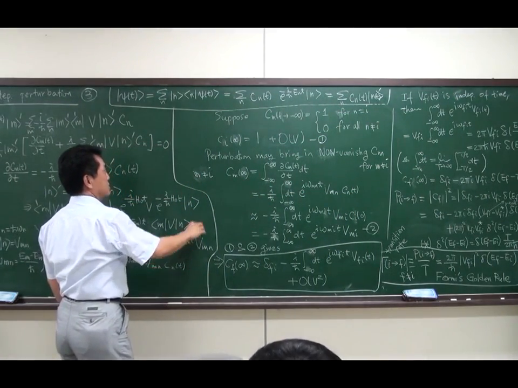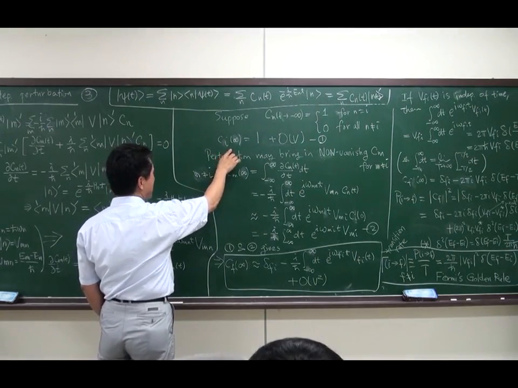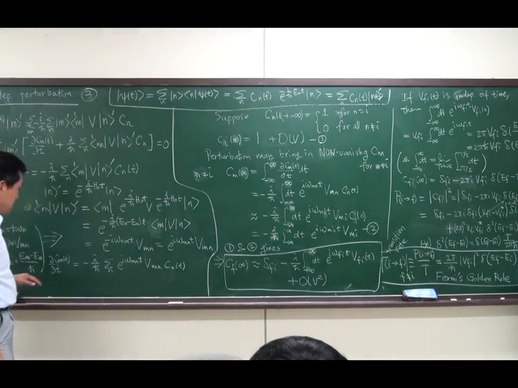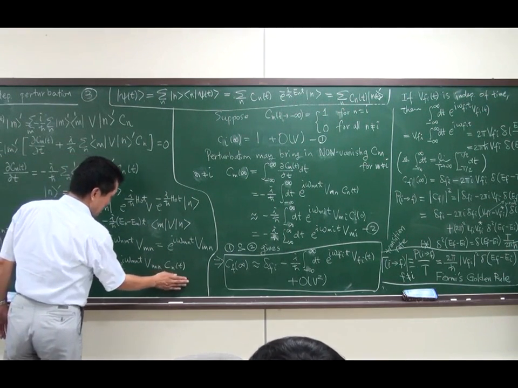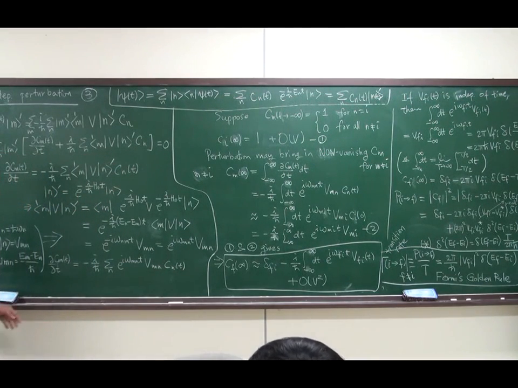And what about the state that is different from i? Then we can make use of this equation. If we integrate both sides, then here I have a C_n different from m.